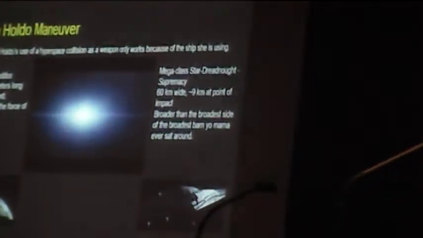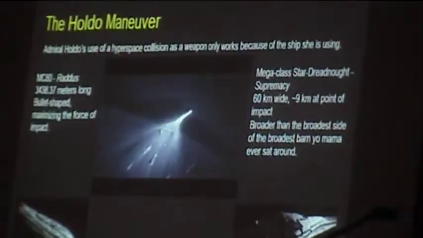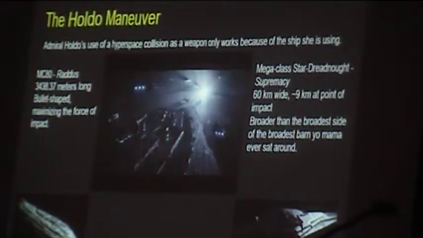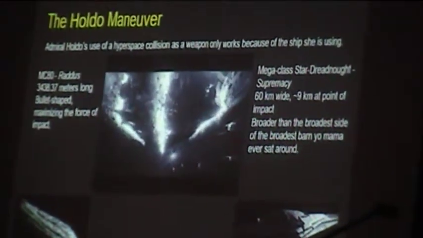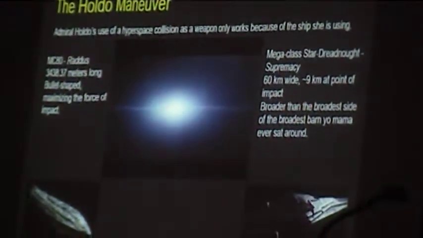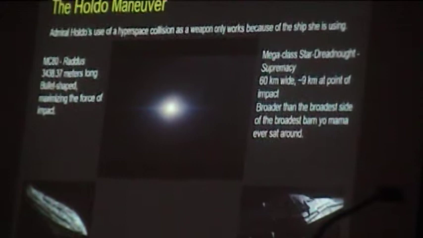We're not compensating for anything. It's mega. So it is broader than the broadside of the broadest barn your mama ever sat around. It's 9 kilometers thick and 60 kilometers wide. It's really, really big.